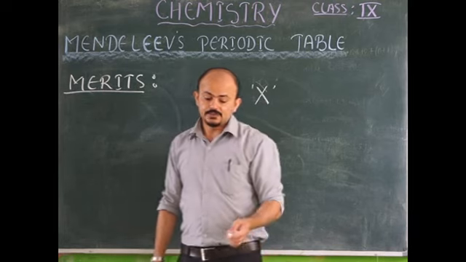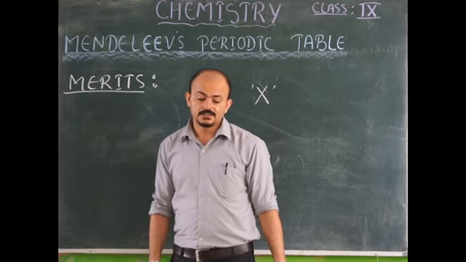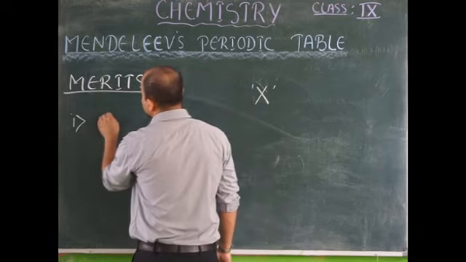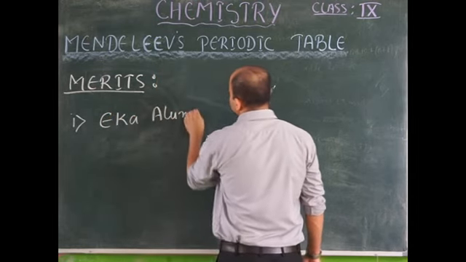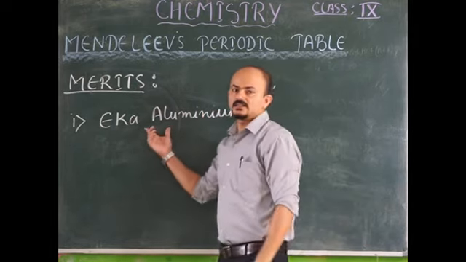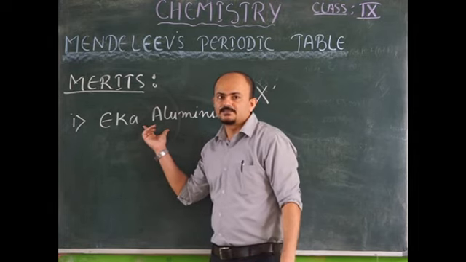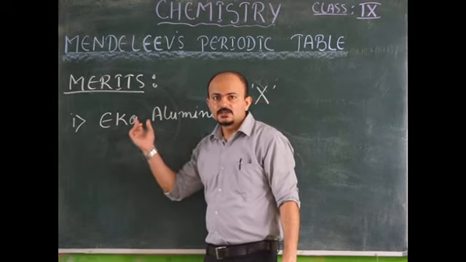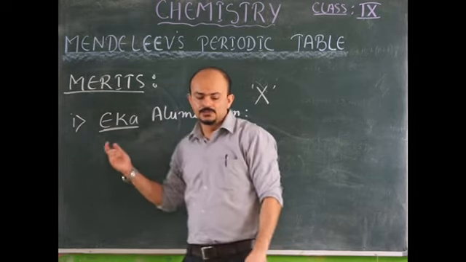For example, in your book, page number 81, he left the space for Eka-aluminium. This particular element was not discovered at his time, but he had left the space for it, and here Eka means just below aluminium.